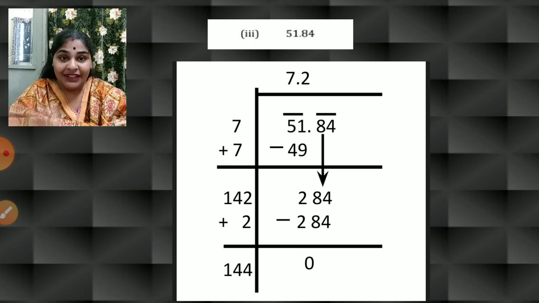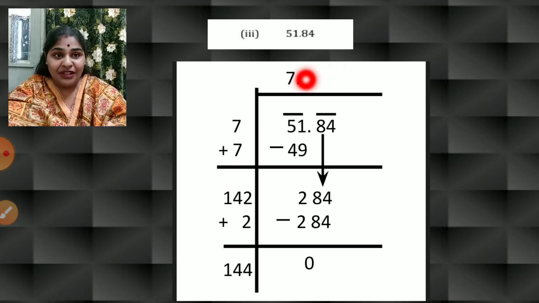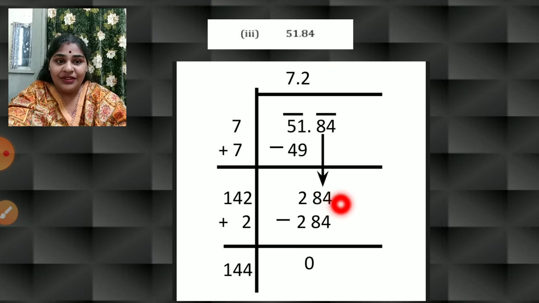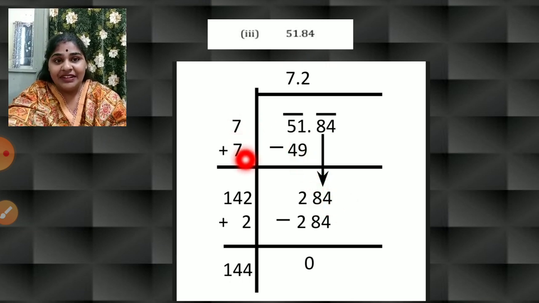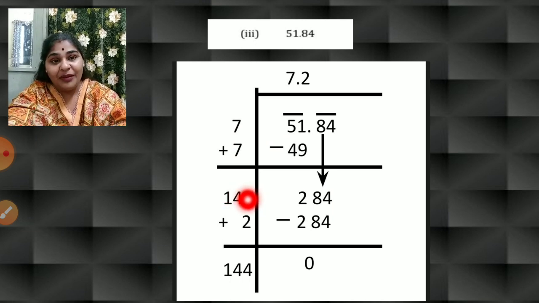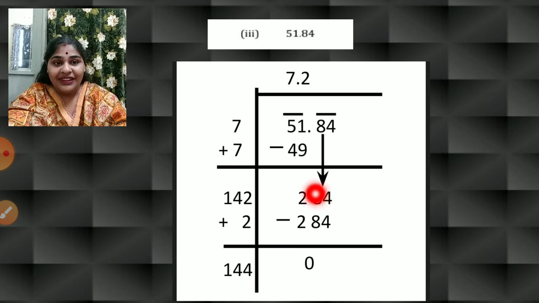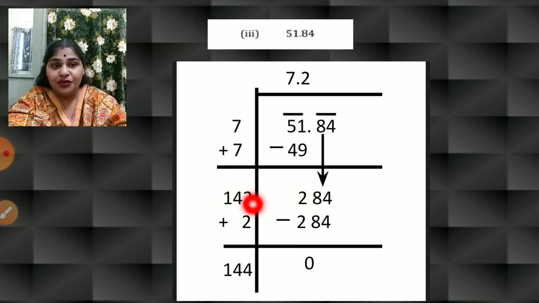So I will immediately put a decimal over here, right? So 84 will come down. Now here it becomes 284, and this side 7 plus 7 is 14 and dash. Now here you have to fill a number. So I got 142 multiplied by 2 is 284, and then 0 is the remainder, and 142 plus 2, whichever number you are taking, you will add over here.